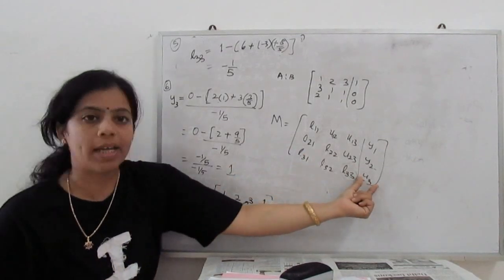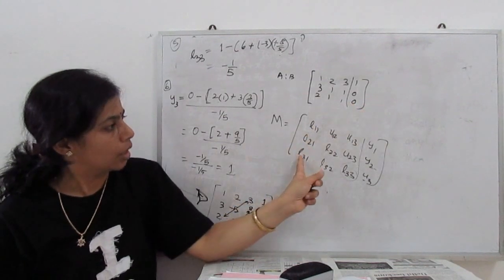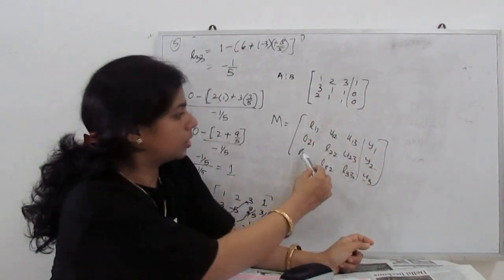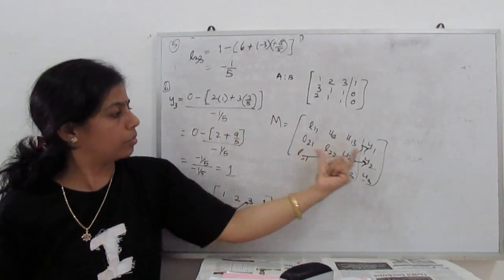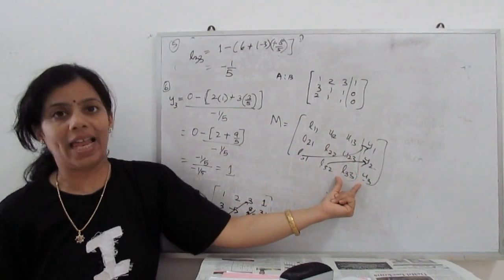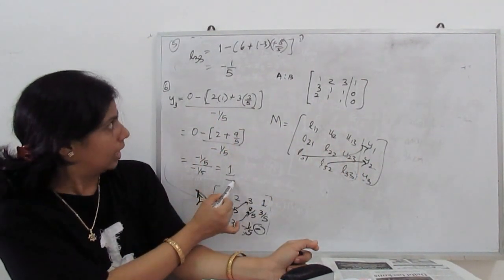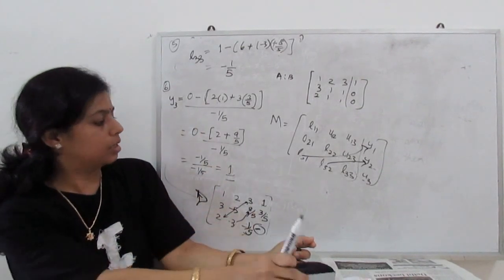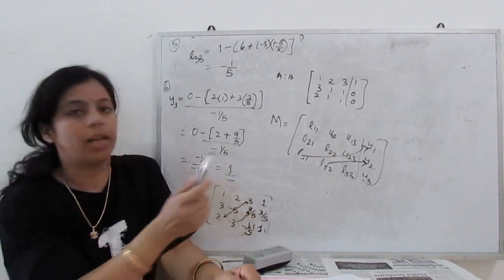Again for Y3, B3 minus this times this plus this times this, the whole expression divided by L33, which is minus 1 by 5. When we simplify, we get this Y3 element is 1.